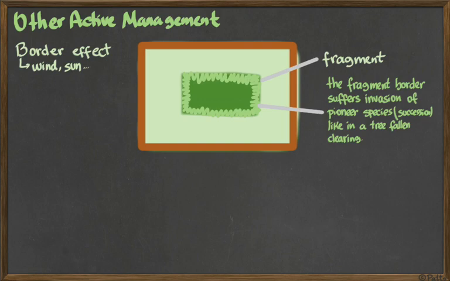So pioneer plants that usually grow when you have a fallen tree start growing there. So usually the border, something between 20 to 75 meters from the border to inside of the forest, is a forest that stays in a continuous intermediate succession stage. You're going to have some climax species because they were already there, but now you're also going to have pioneer species, and it's not a typical climax forest.